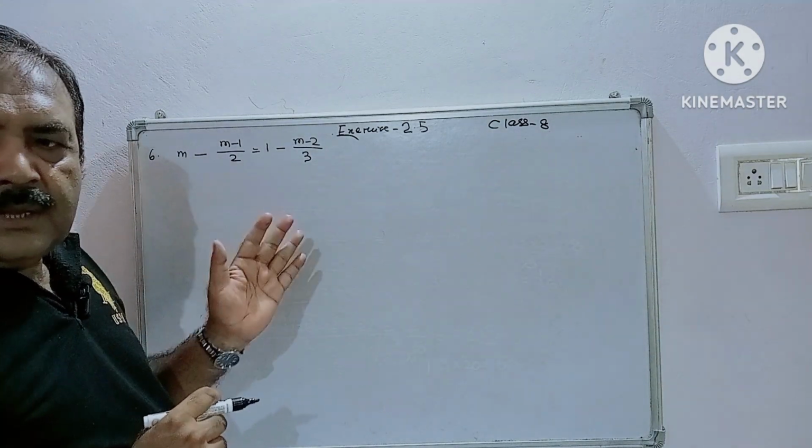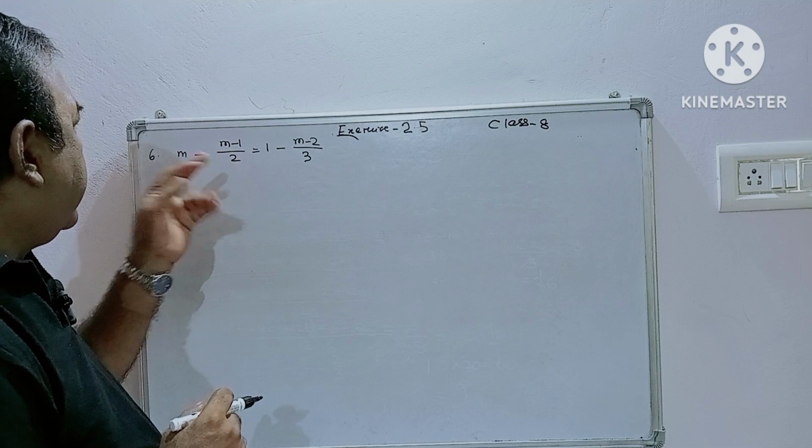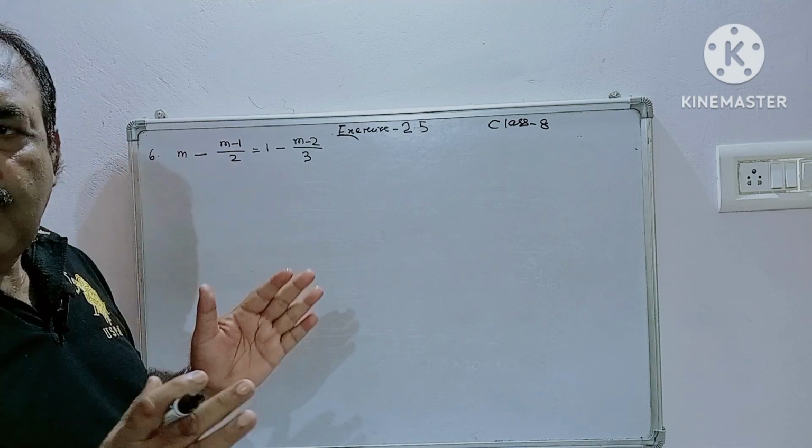Okay, so (m minus 1) whole divided by 2 is equal to 1 minus (m minus 2) whole divided by 3.